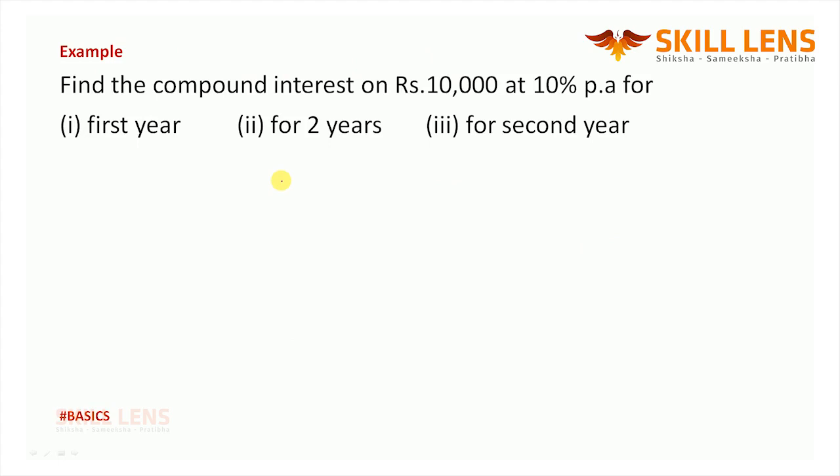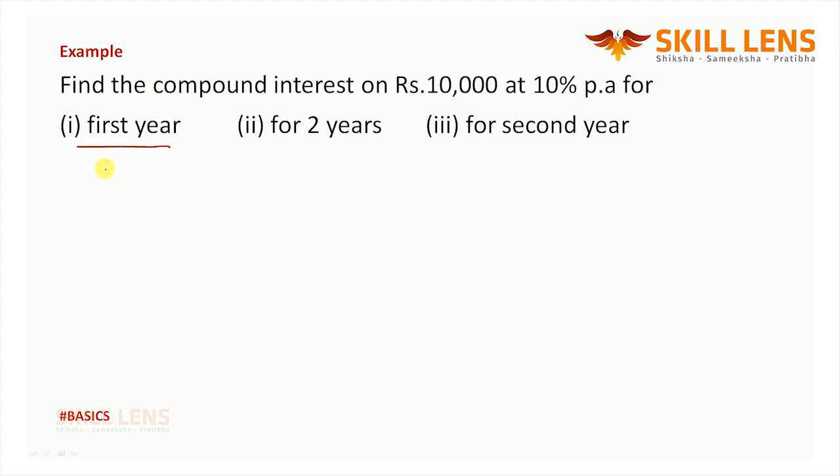Let's see the question. Basic question. Find the compound interest on rupees 10,000 at 10% per annum for, you have 3 questions here: for the first year, second year, third year. Look here, guys. For first year, whether it is simple interest or compound interest, it is same.